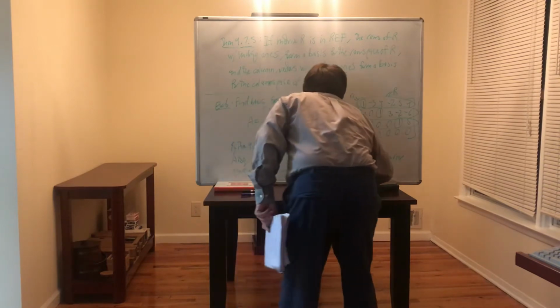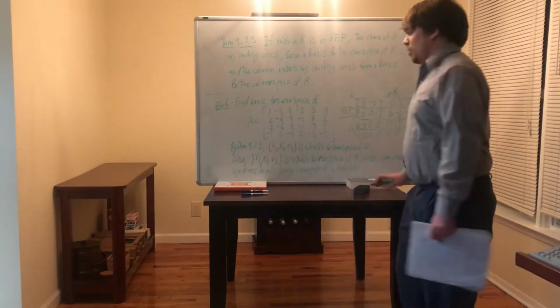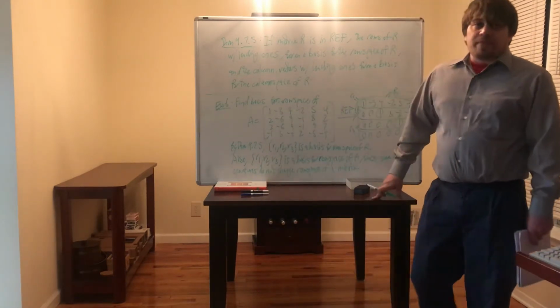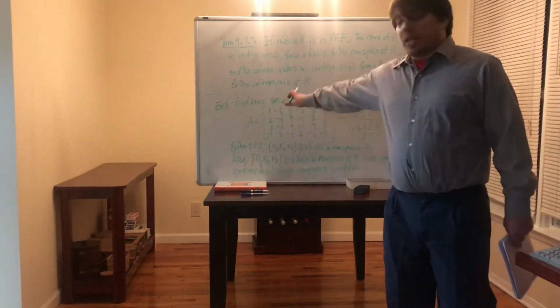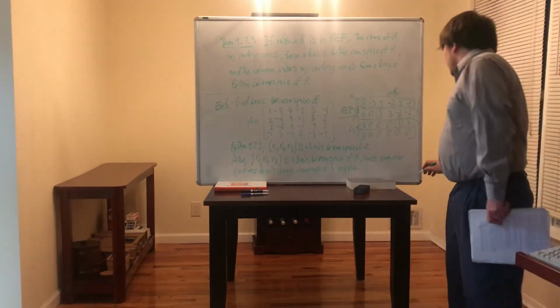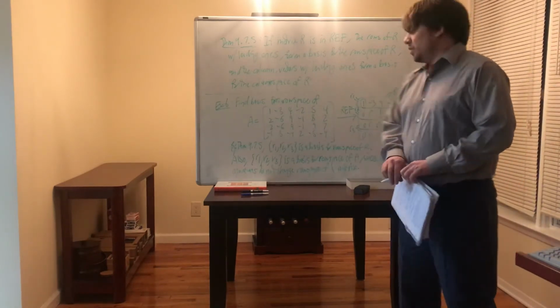Okay? And so since we got R from doing elementary row operations on A, the row spaces are the same. And finding a basis for the row space of this is the same as finding a basis for the row space of that. And we're done. And that's the answer to example 6 in 4.7. Okay.